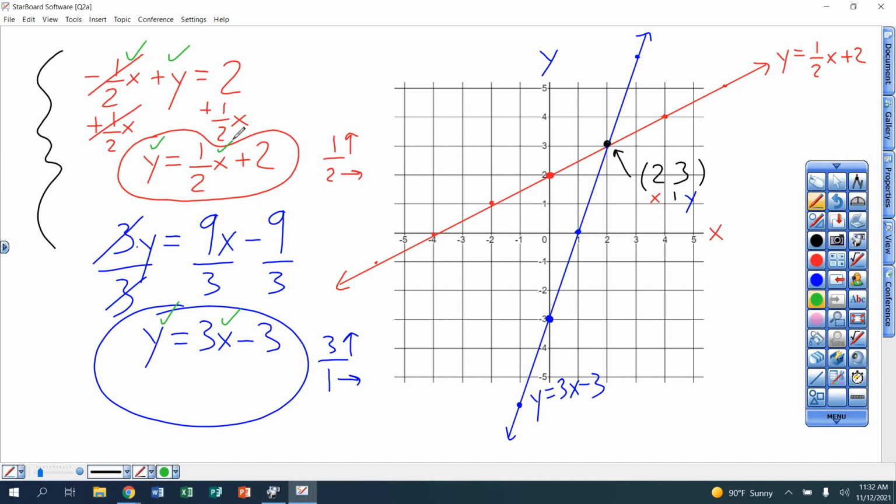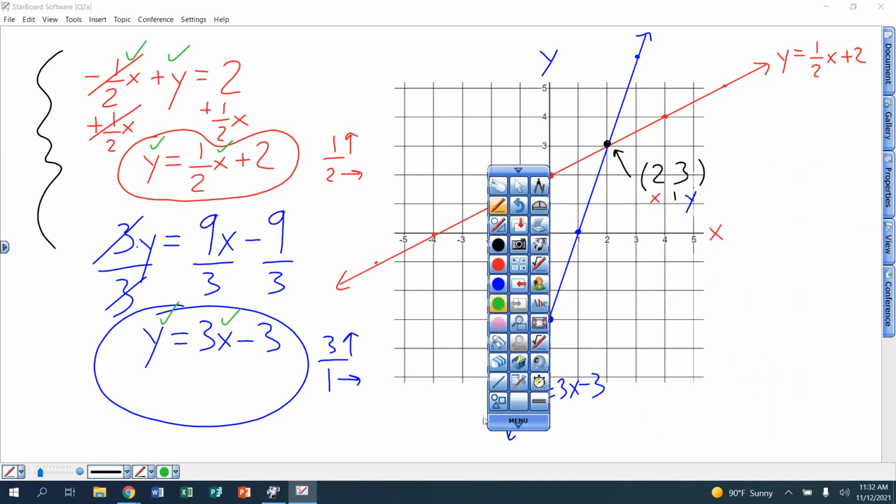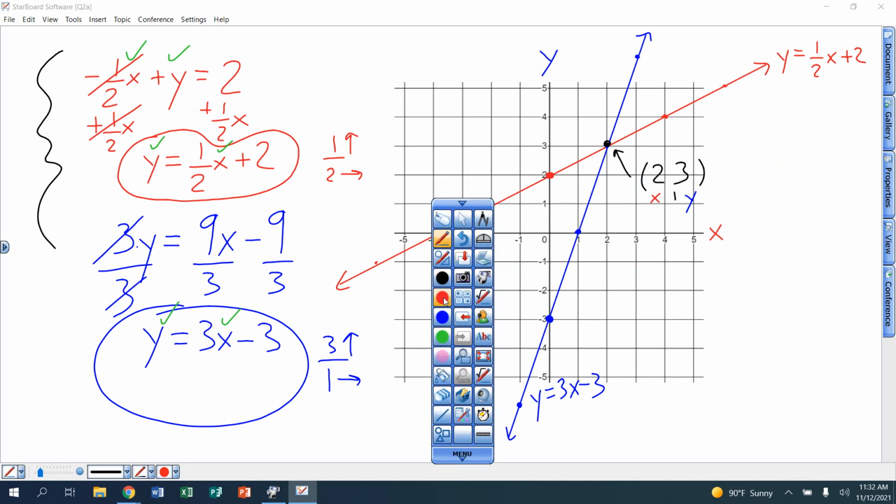So that first one there, I got -1/2 x, checking the red one. -1/2 stays there, but where that x is, that's where I put the first number from the coordinate. That -1/2 is part of the original equation.